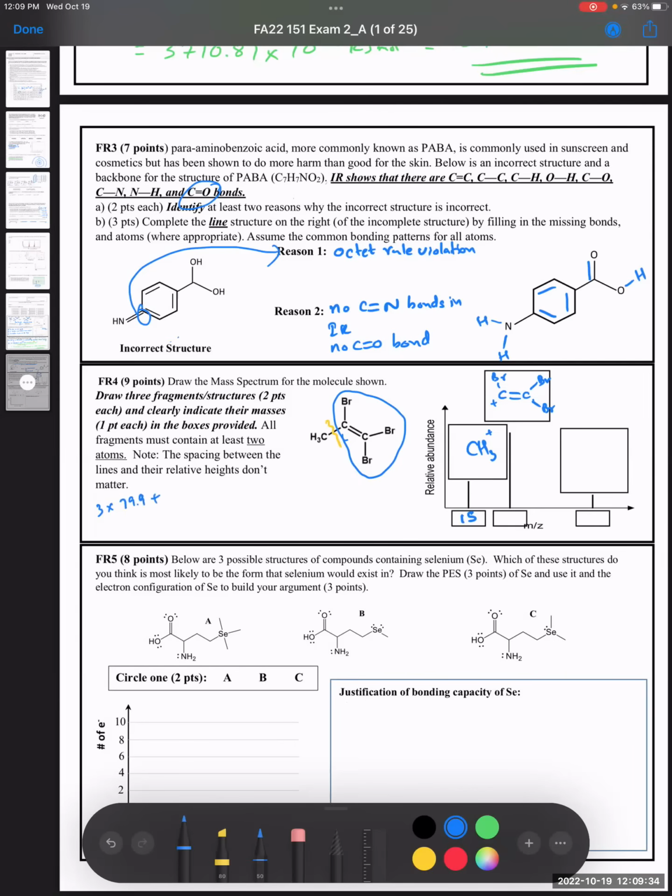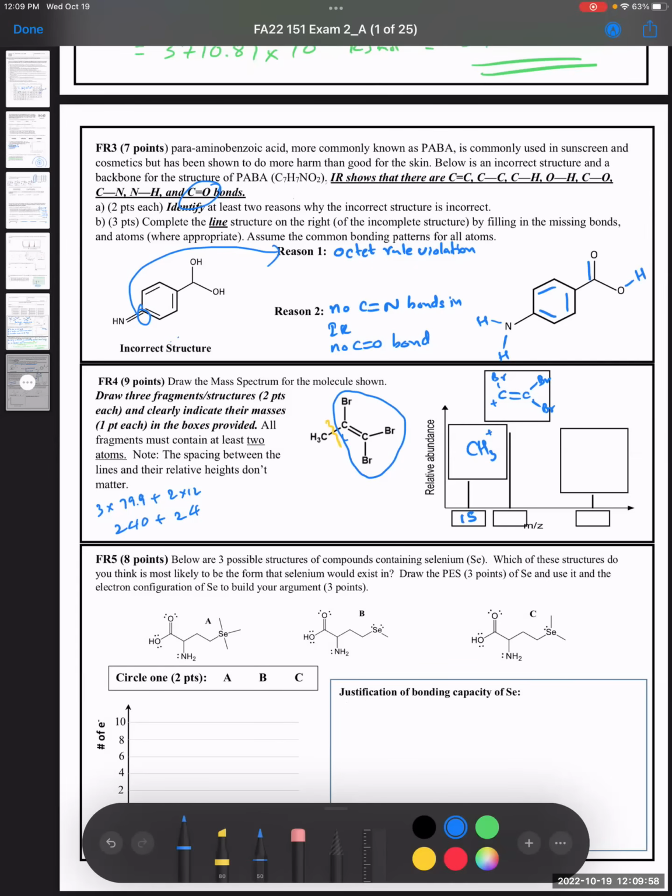3 times 80 is 240, plus 2 carbons, 2 times 12 is 24, so it should be 264, around 264.